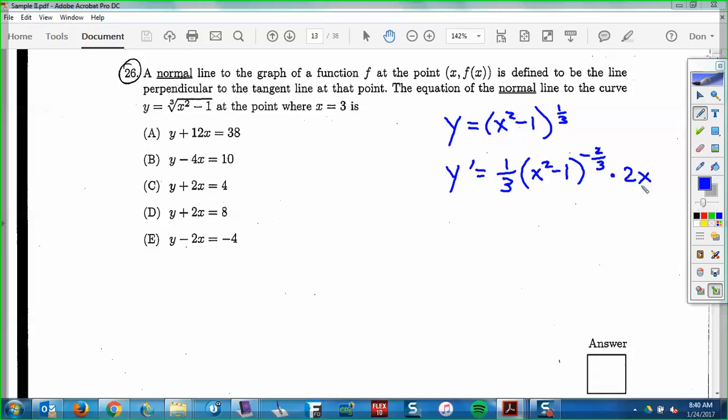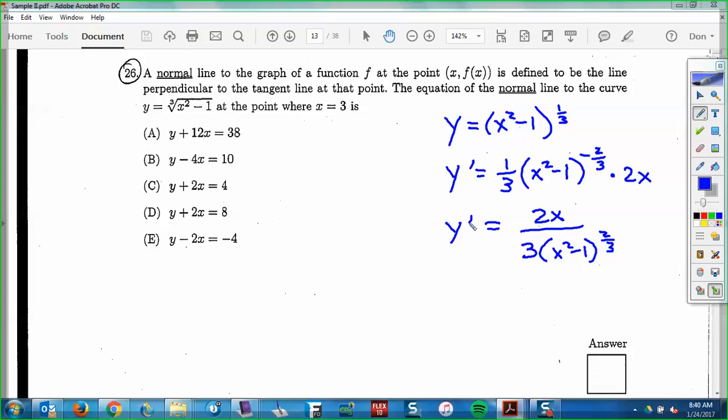Okay, did subtract the power. So bring down the 1/3, x squared minus 1 to the negative 2/3, and then times 2x. Now that would simplify to the 2x on top, and then the bottom would have a 3, and then x squared minus 1 to the 2/3. That would be your derivative right there.